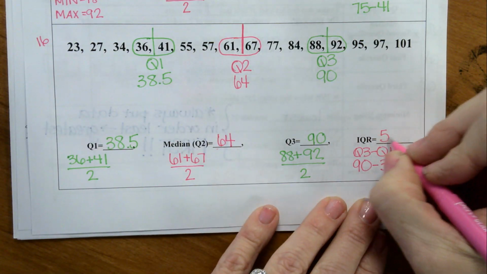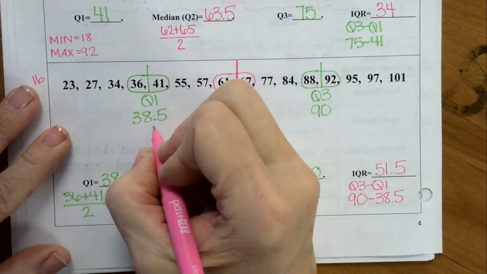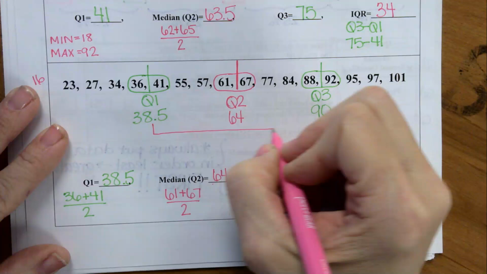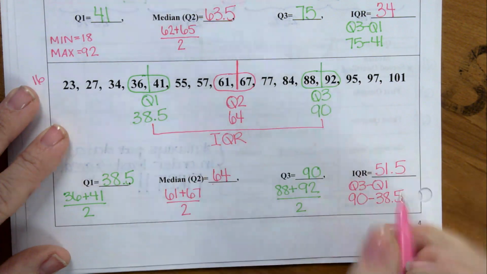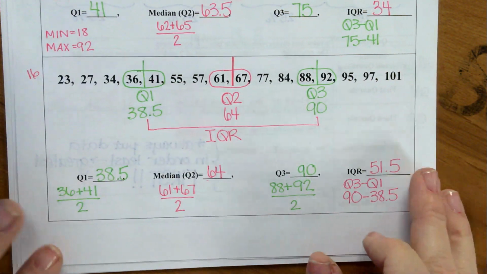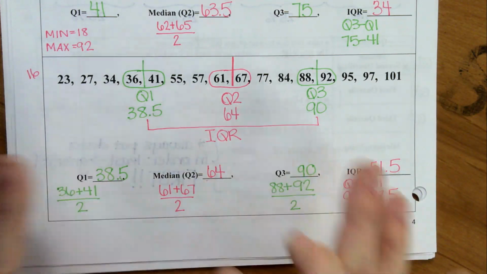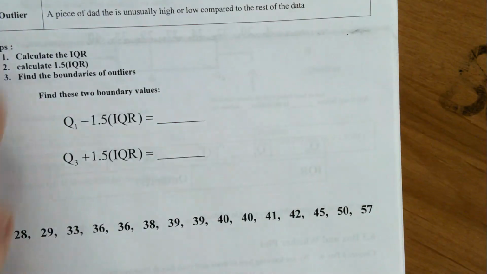I agree with you. So again, the IQR is what we're finding here. That's what we're doing in this last step. Are there any questions about this set of examples? Yes? No? You're good? Okay, let's go to the other side.